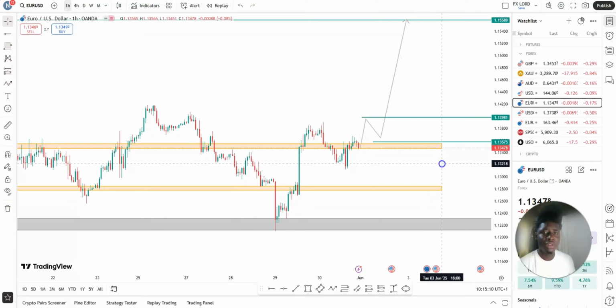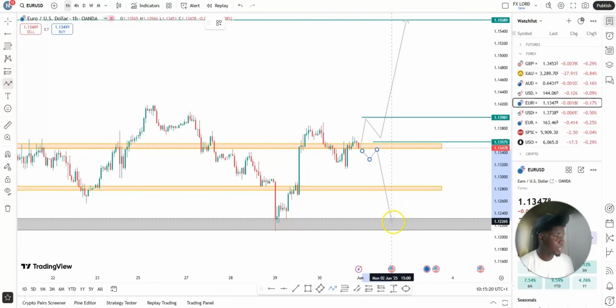For a bearish scenario, I'm going to look for price coming down just right here. I'm not really sure this is going to happen, but this is a major support level. In as much as we're looking for bullish entries, we also consider, what if a bullish movement doesn't happen? What if a bearish movement happens instead?